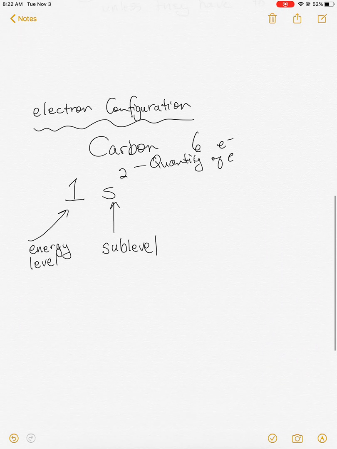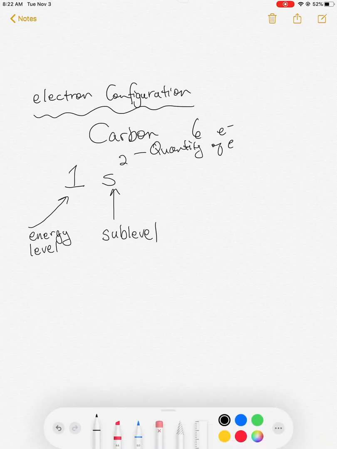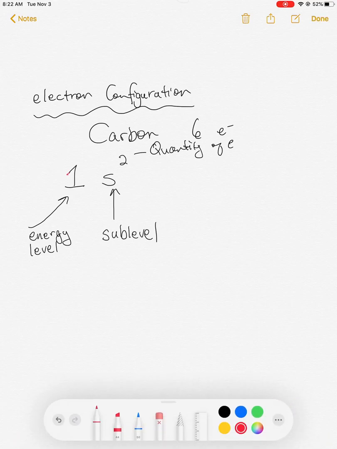So for carbon, we have filled the first energy level. We need to go to the second energy level, and remember, we're going to fill the S orbital first. It can hold 2 electrons.